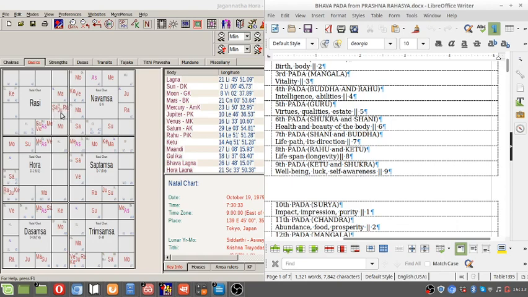But since Rahu is there, it makes it quite difficult, quite painful, because this skill of presenting yourself, presenting your creation to an audience so that the audience will accept it, is lacking or not developed. But since the native is already 41 and is getting into the maturation age of Rahu, which is 42, starting at 42, these skills are now going to be developed for sure in the next years.